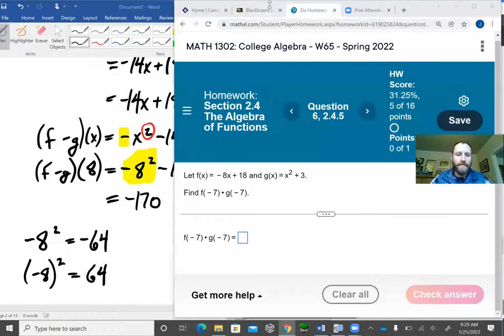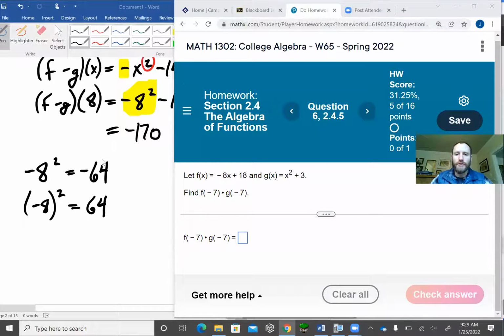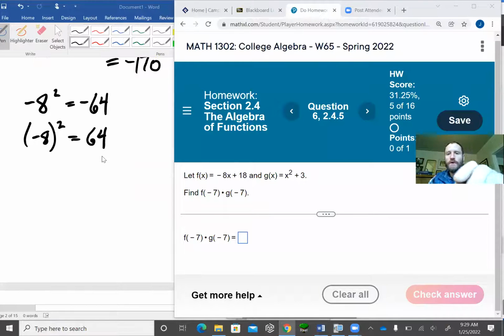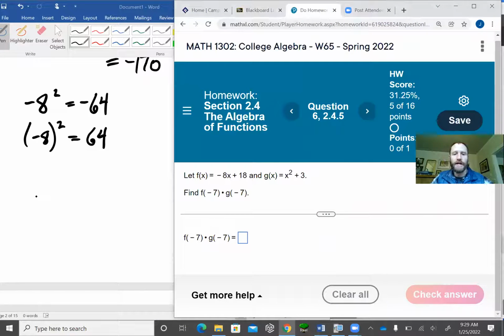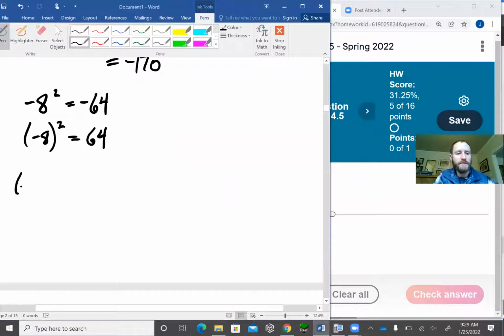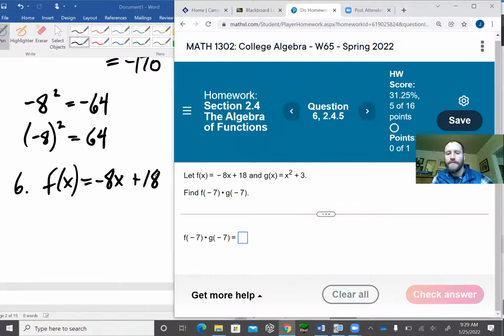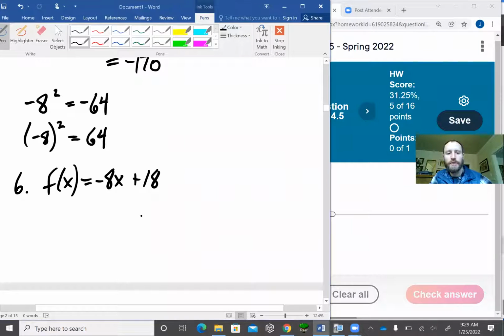Number 6, we have a product of these two functions. Okay, and this time, f of x is negative 8x plus 18. And g of x is x squared plus 3.